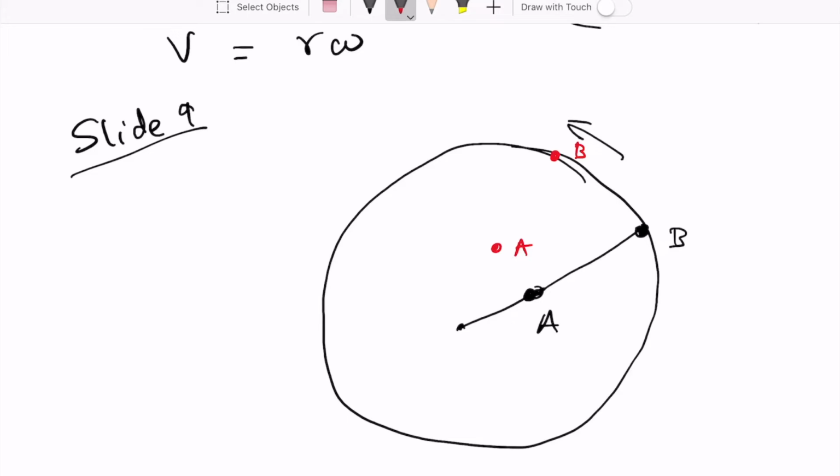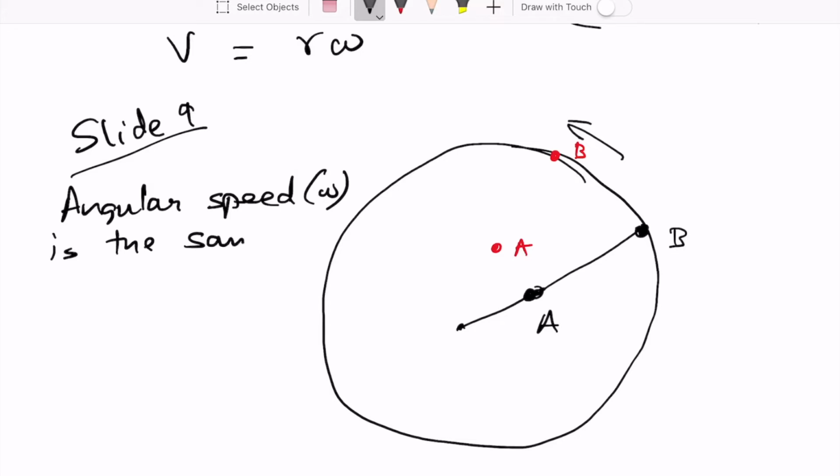So everything has the same angular speed. So angular speed, which is omega, is the same for every point, I should say, of the disk.